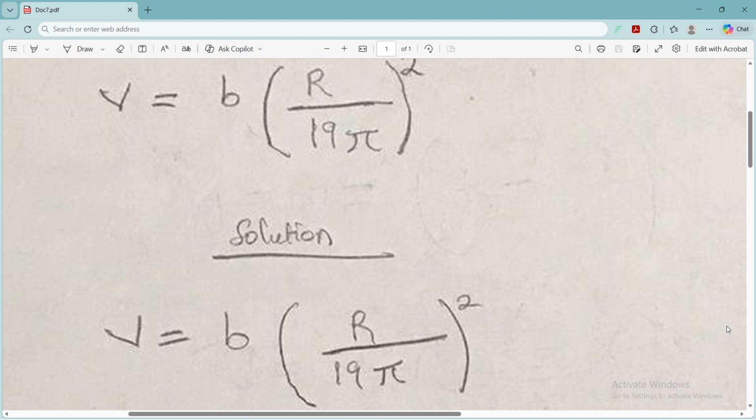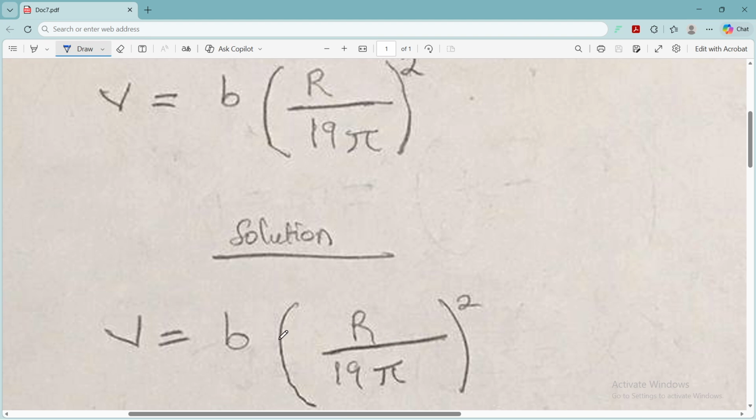So here what we have to do is to find the LCM of our given equation, right? But before that, you have to be aware of the fact that V is independent, and B is also independent because it is multiplying the entirety of this factor, which is, in brackets, R divided by 19 pi, bracket close square.